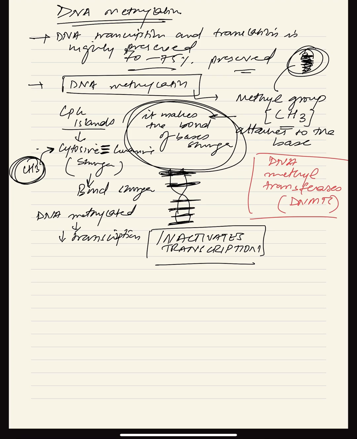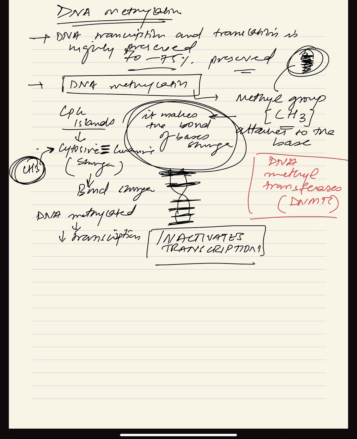So what happens is that this methylated DNA basically attracts the methyl-CpG binding domain proteins, and these proteins are going to recruit other protein complexes, which are histone deacetylases, which further will condense the chromatin into a compact inactive form, heterochromatin, that prevents transcription.